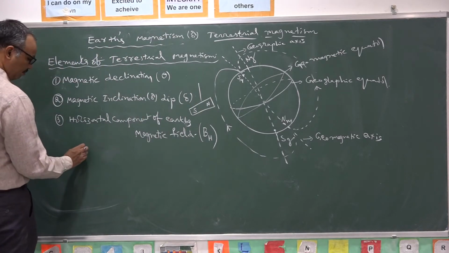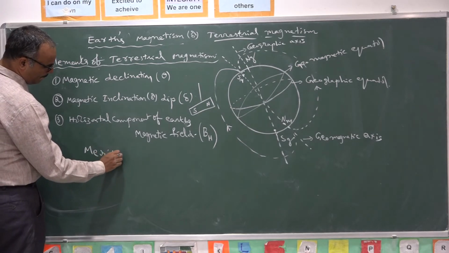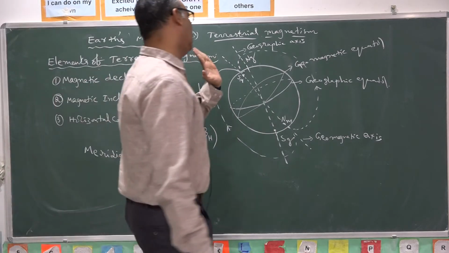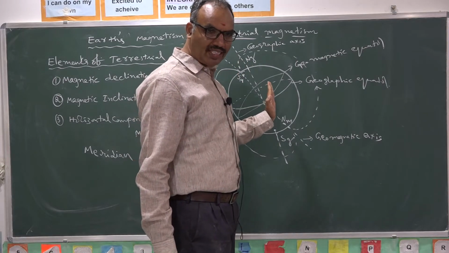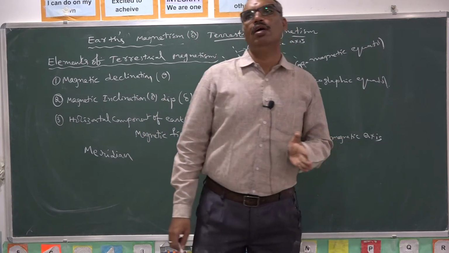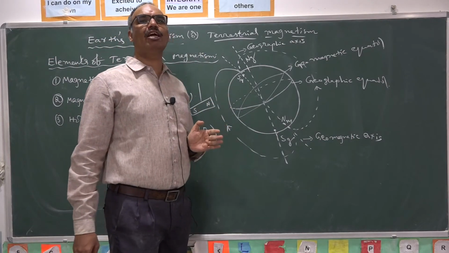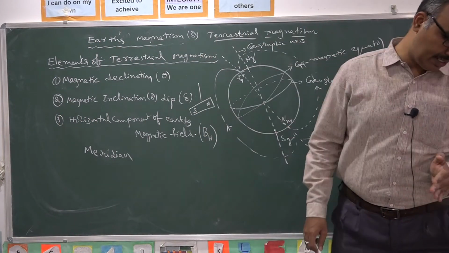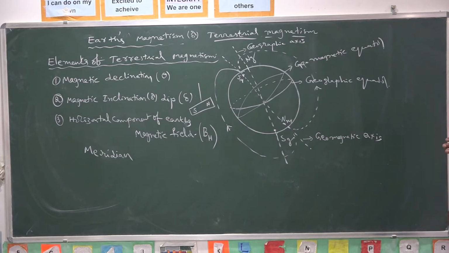Meridian is a vertical plane passing through a particular axis. If you consider geographic axis, any vertical plane passing through geographic axis is called geographic meridian. Any vertical plane passing through geomagnetic axis is called magnetic meridian.